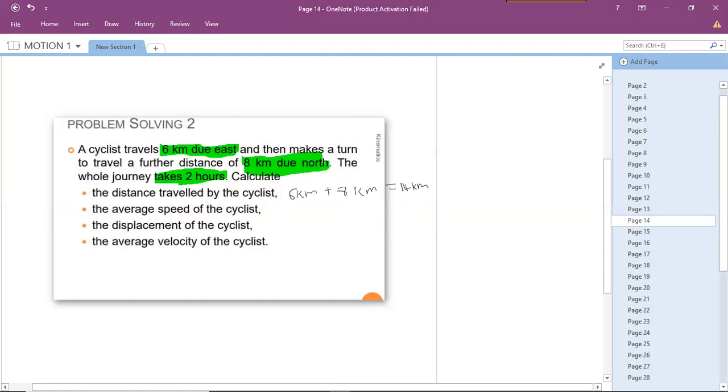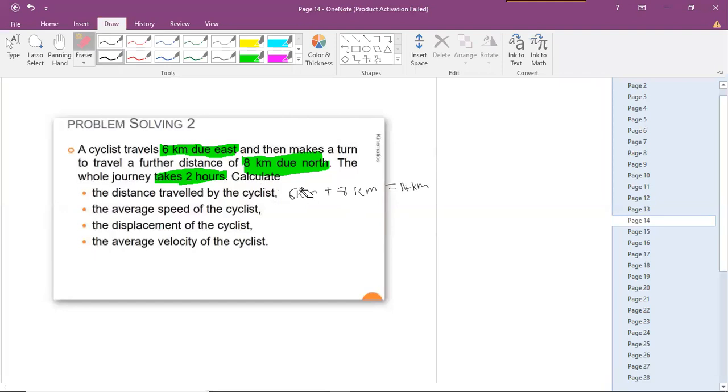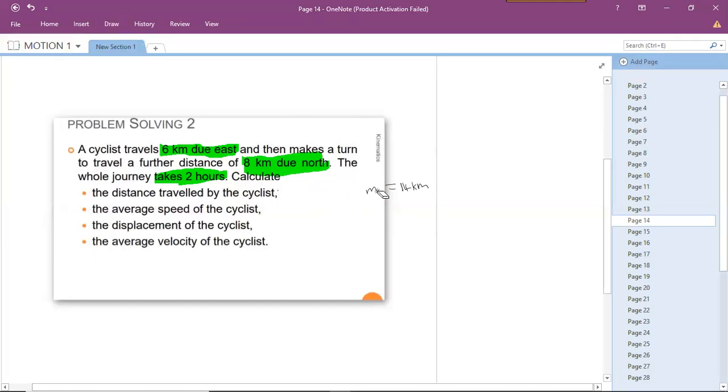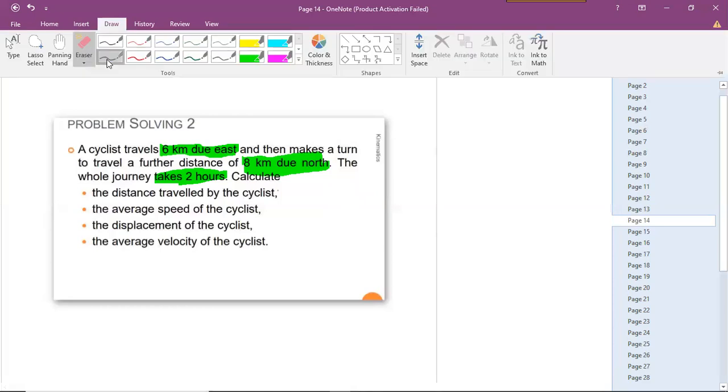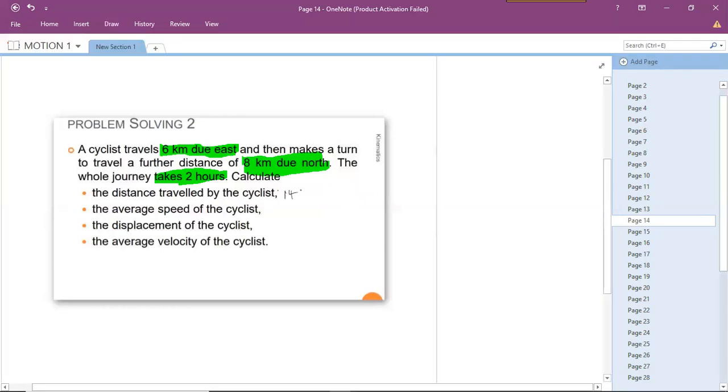So that would be our distance. When you write this question, you say solutions underneath. So this would be 14 kilometers.